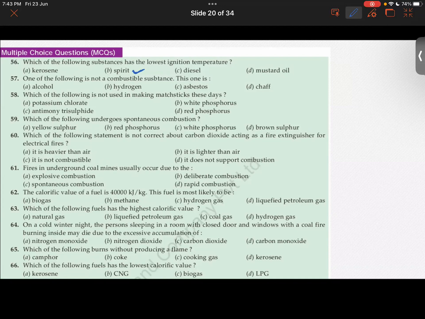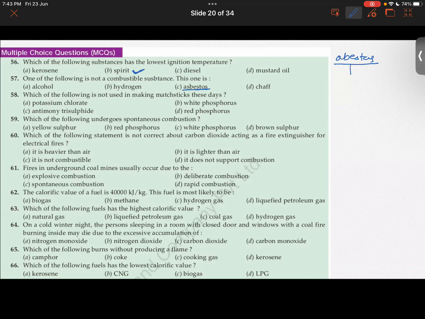What is asbestos, by the way, in this question? Asbestos is simply a group of naturally occurring fibrous minerals.